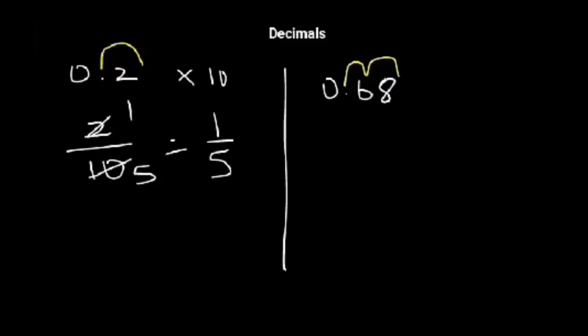And if it's 2 decimal places, we need to multiply by 100, 2 zeros. So multiplying this by 100, and we're also going to be dividing it by 100 to make it a fraction. So 0.68 multiplied by 100 would give us 68, and then dividing that by 100.